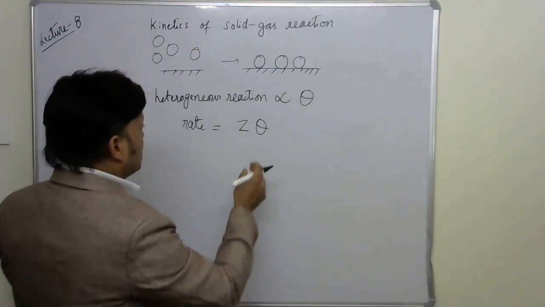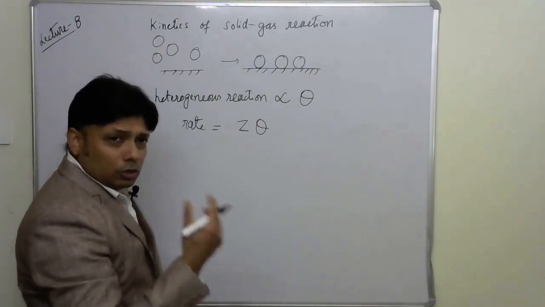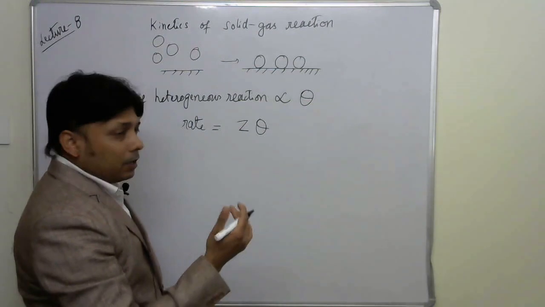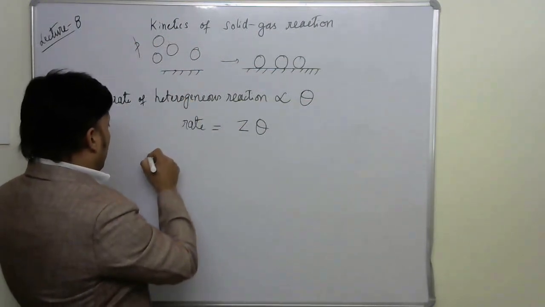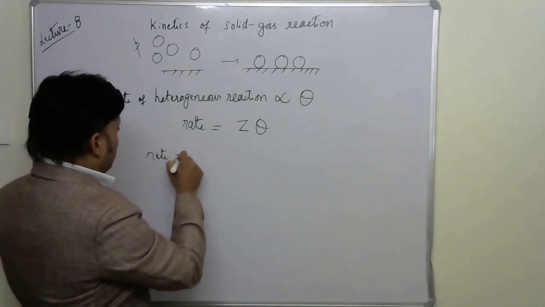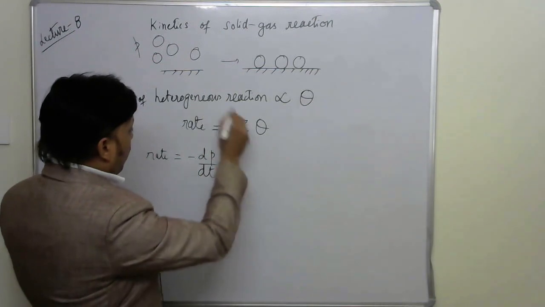Since theta contains pressure, and in the reaction the only measurable parameter is the pressure P of the gas, we can write the rate of the heterogeneous reaction as minus dP/dt. Why minus?